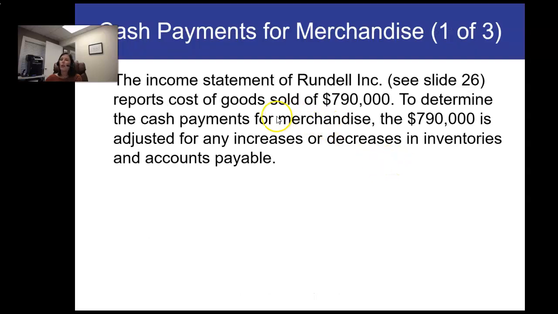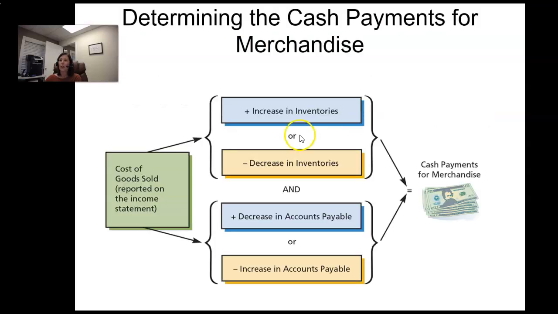Now we're going to look at our cost of goods sold and look at what we paid for merchandise. Now back to the income statement. You remembered the cost of goods sold is $790,000. We now have to convert that to our cash, and this is a two-step process.